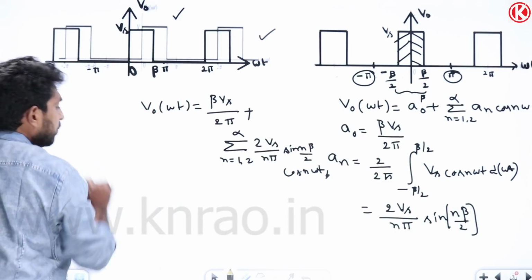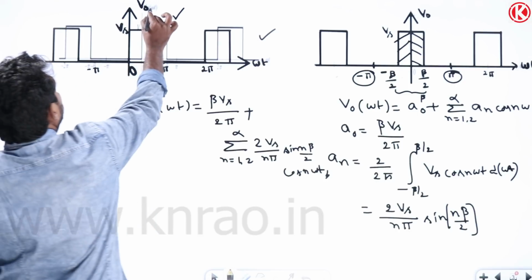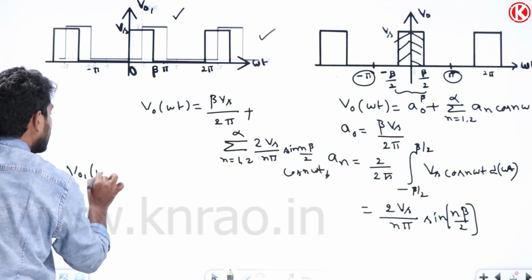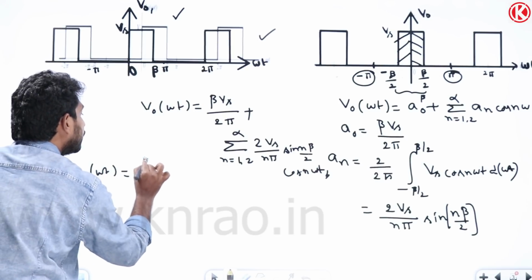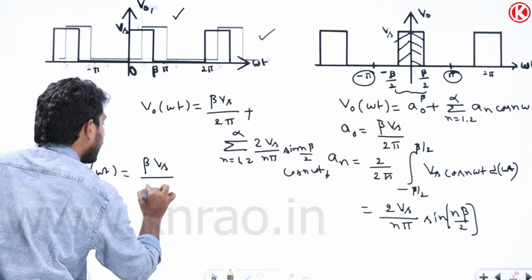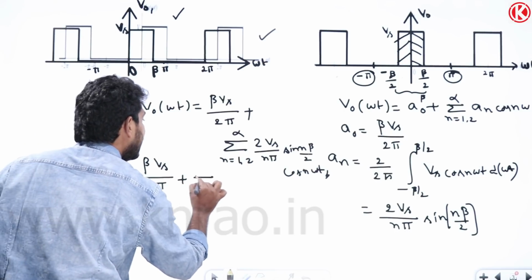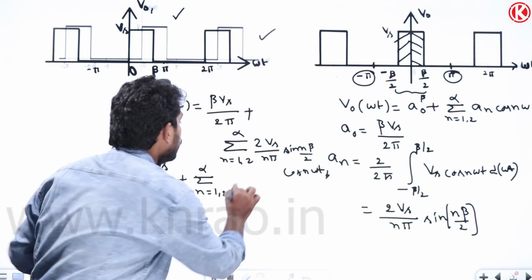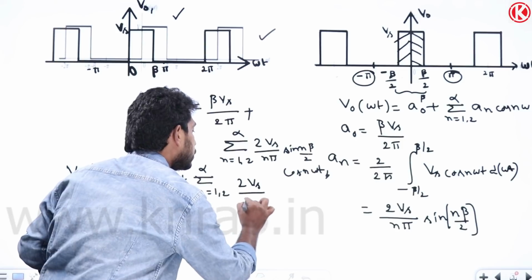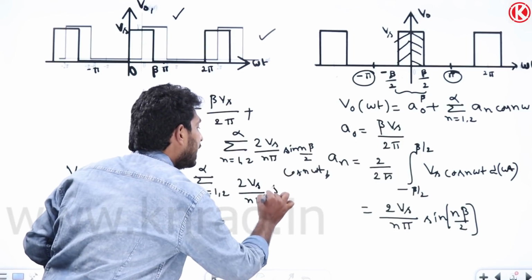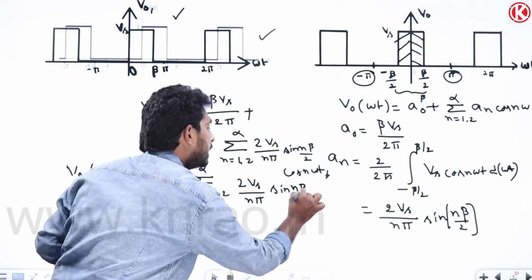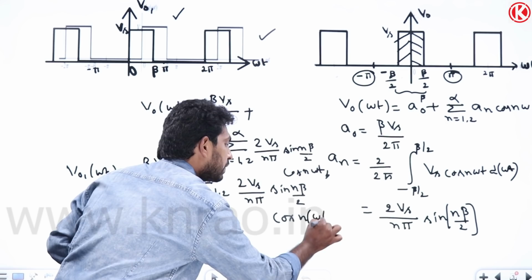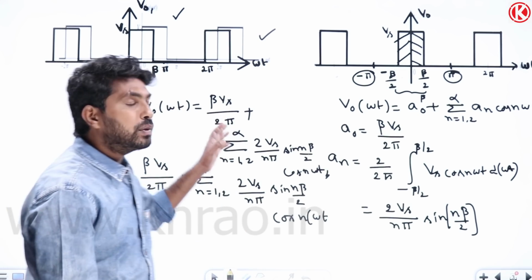So for this waveform, let it be V naught 1 of omega t. V naught 1 of omega t equals beta Vs by 2 pi plus sigma n equal to 1 to infinity of 2 Vs by n pi, which will not change, into sin n beta by 2 into cos n omega t, where we have to keep the minus or plus.